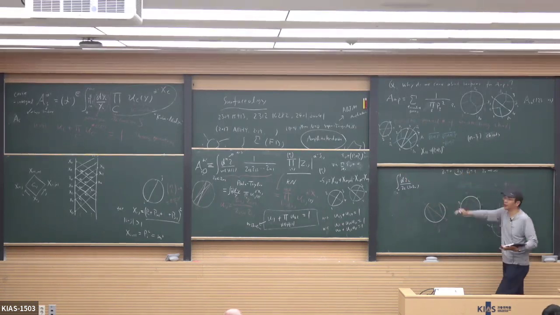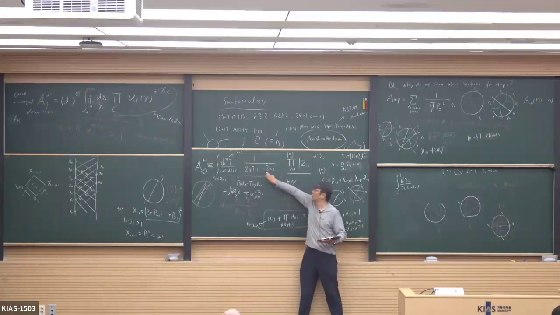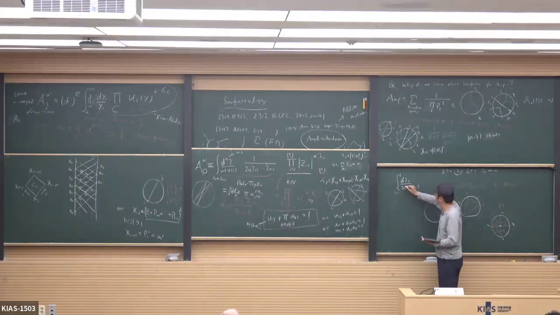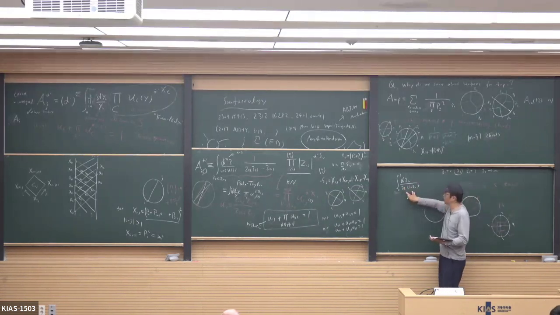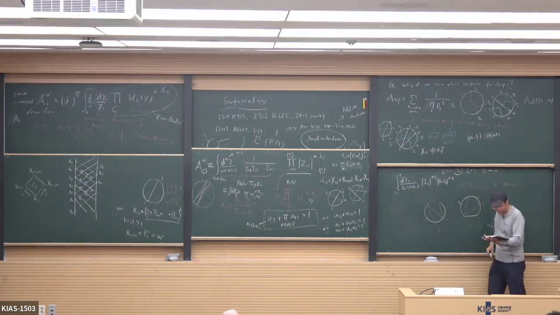That's a 1-dimensional integral. That's what I mean by mod volume of SL2, and this particular factor now becomes just the z2 minus z1, which is z2, z3 minus z2, which is 1 minus z2. So you see that this particular factor indeed has 2 singularities, when z2 approaches z1 or z2 approaches z3. And then you have this z2 raised to the power alpha prime s, and 1 minus z2 raised to the power alpha prime t. Okay?